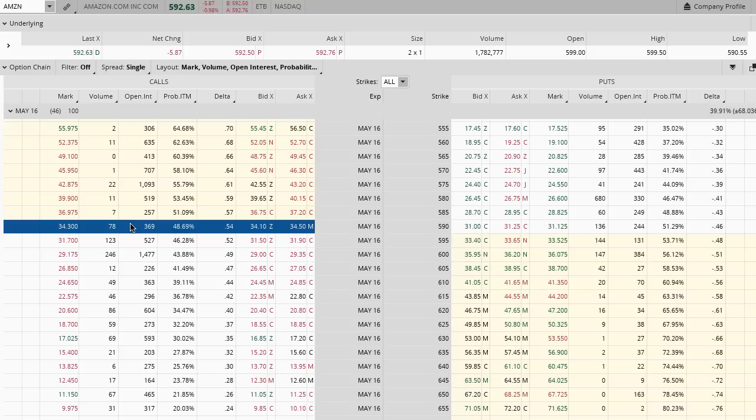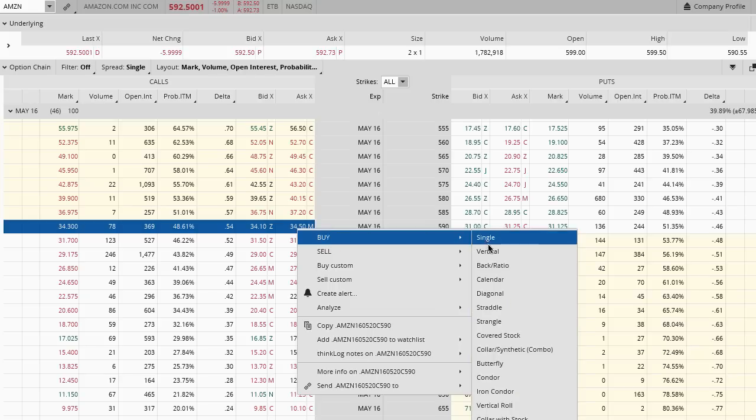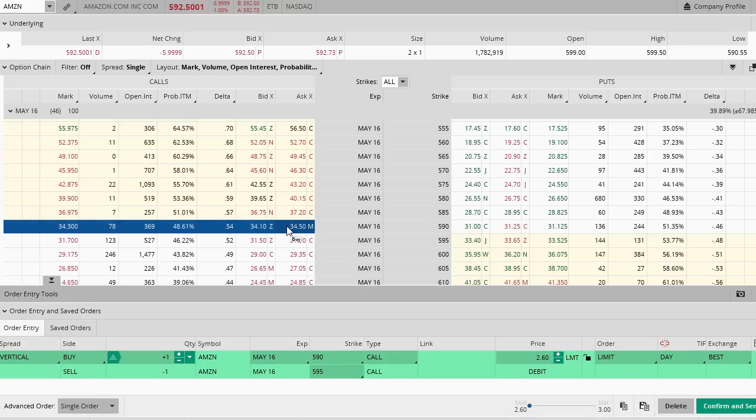If we go back here and actually use Amazon as a good little example here, you can see that Amazon stock is trading at $592.63 at the time that we're doing this video. So if we want to use Amazon as a way to go long or short or whatever the case is, let's look at just buying a debit call spread in Amazon, which is buying the 590s, selling the 595s.